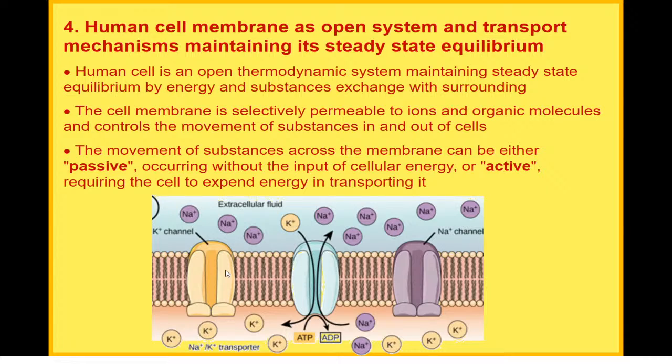This kind looks like a pore, developing the channel, but you can see the channels are selective. These channels allow only one kind of small particles to go through, that are ions. These for potassium and these for sodium.